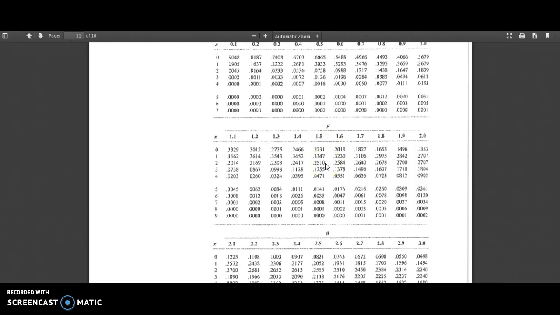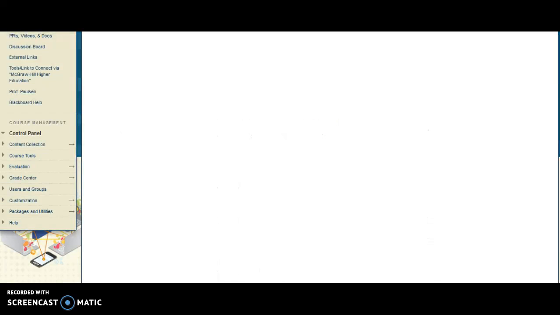There it is, 0.2510. What's the probability that x is less than 2? I would add those two numbers. So the Poisson table works similarly to the binomial, only you don't have a value for little n and you don't have a probability, you have a mean. But that's a Poisson problem, and that's how that works.